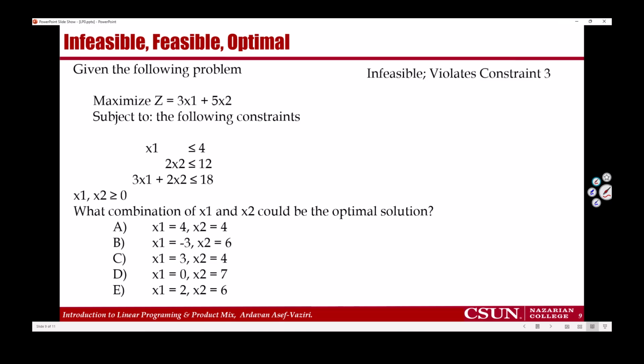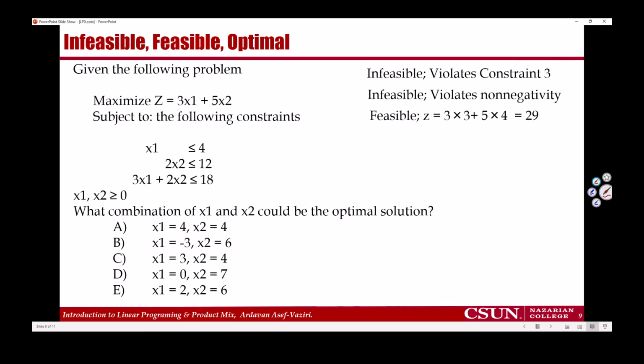The first one is infeasible because it violates this constraint. If you put 4 here and 4 here, it will be greater than 80. This one is infeasible because it violates non-negativity. We cannot have negative production of one product to benefit and produce more units of the other product.